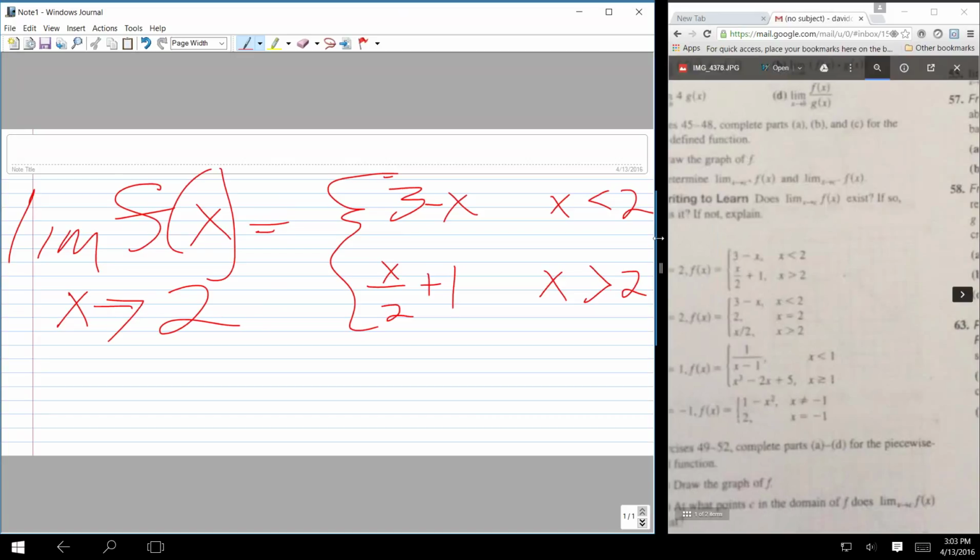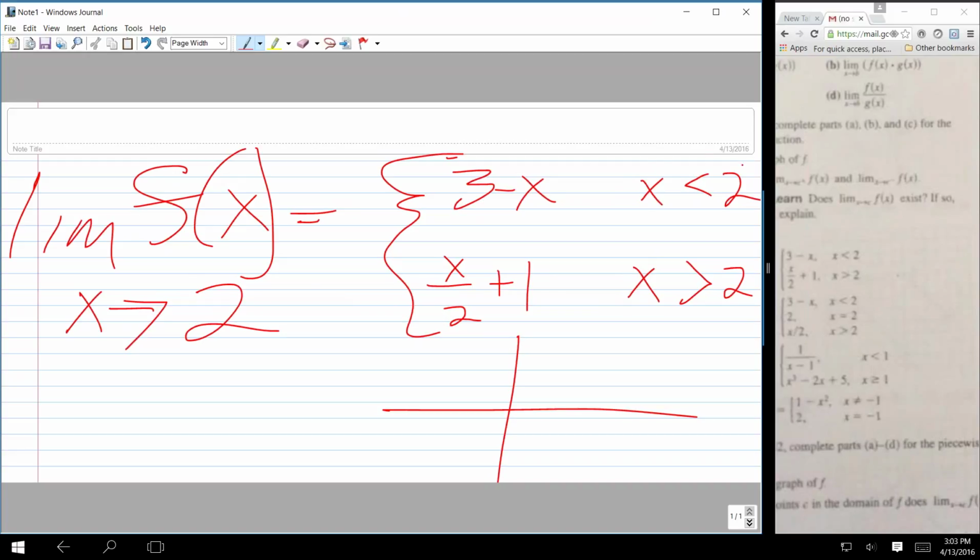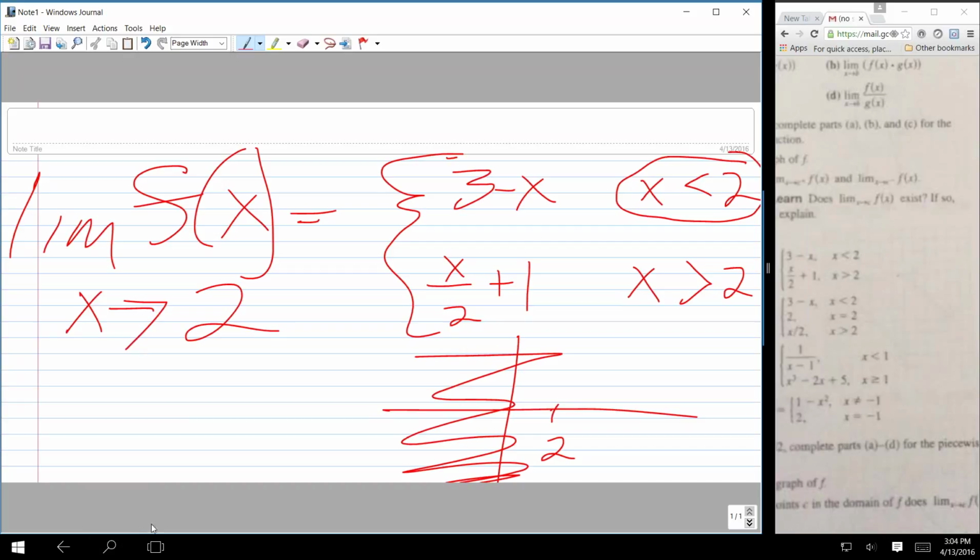Maybe it would help to graph this. When you graph it, always start right there. What we're looking for is a point where x is 2. Whenever x is on this side, the function is 3 minus x. What is 3 minus x?